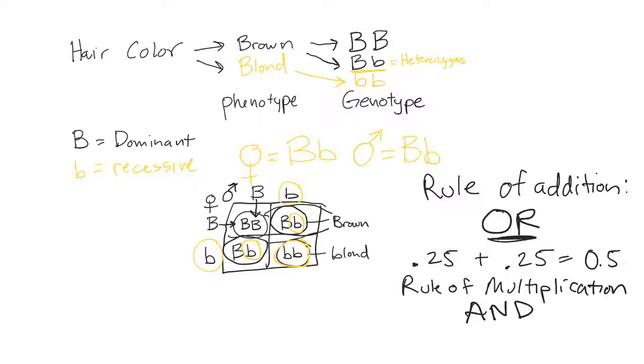Okay, well, you take the probability of being blonde, which is 1 in 4, or 0.25, and multiply it by the probability of being a boy, which is 1 out of 2, or 1/2. You multiply those two together, and what do you get? 1 out of 8, right, or 0.125.